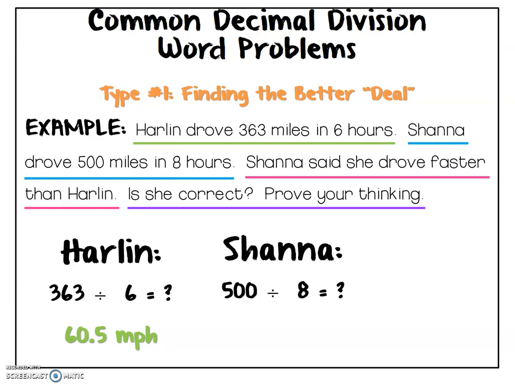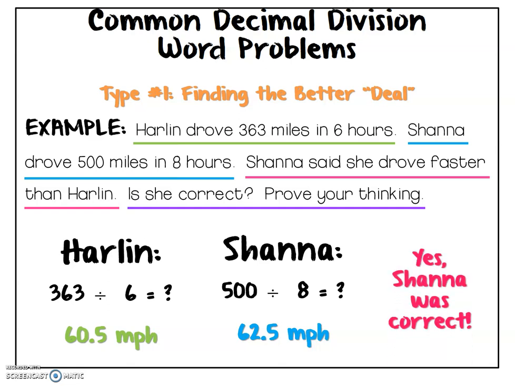So when I divide 500 by 8, I get a speed of 62 and 5/10 miles per hour. Now I know exactly how fast each person drove, so I can compare the two speeds. Since 62 and 5/10 is greater than 60 and 5/10, yes, Shanna was correct.